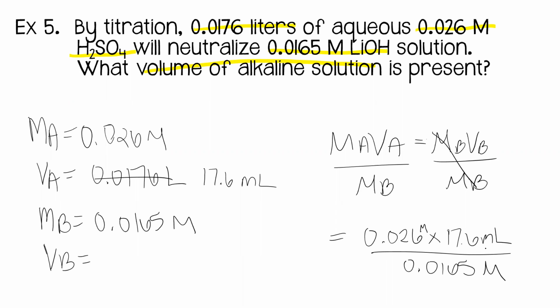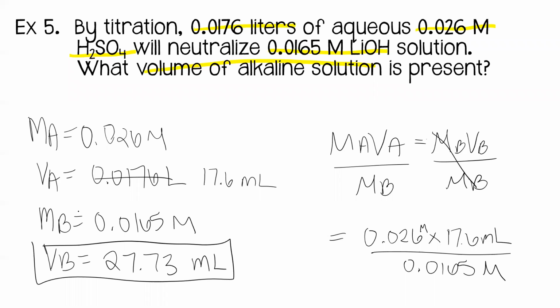So go ahead and solve that. I'm finding mine in milliliters. If you find yours in liters, that's fine. So I get my volume of base to be 27.73 milliliters. Once again, if you multiply the MB and VB together, it will be very equivalent to the MA times VA.